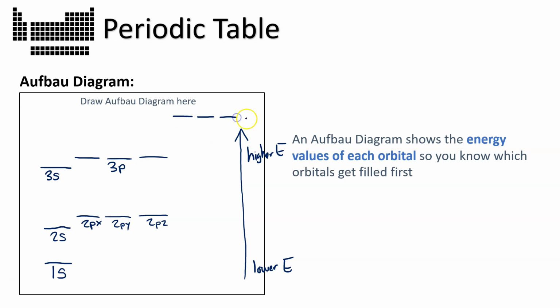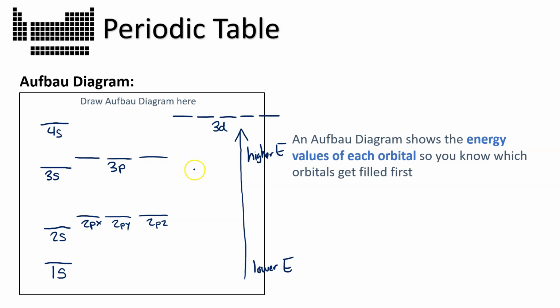I'm crunching them together a little bit because I'm running out of space, but there are 5 separate 3d orbitals, so I need 5 separate lines. Some of the stranger things here is that while the 3s, 3p, and 3d all make up the third principal energy level, the fourth principal energy level, starting with the 4s, actually kind of creeps its way in here and is just slightly lower in energy than the 3d's. And that's as far as we're going to go.